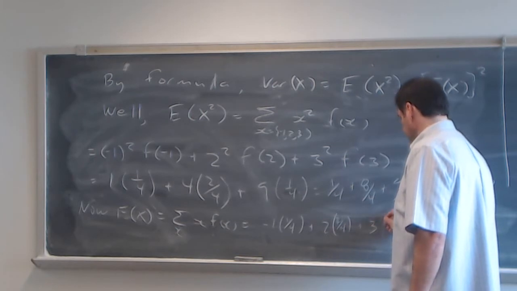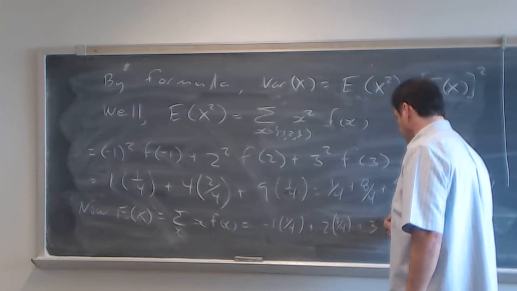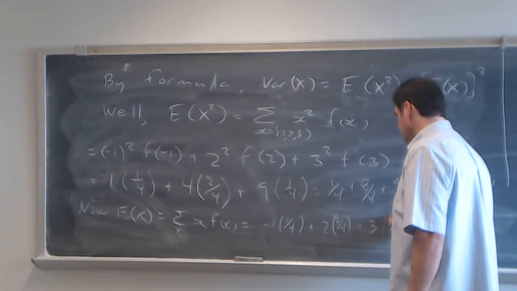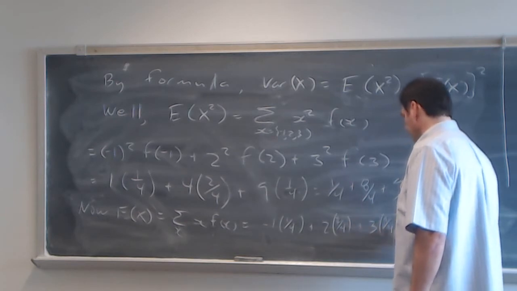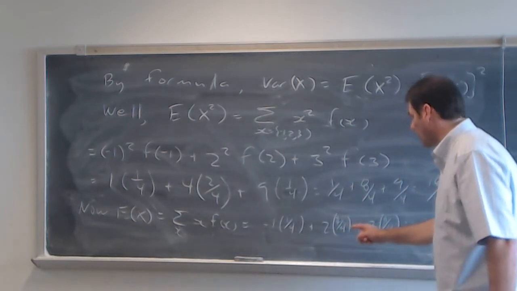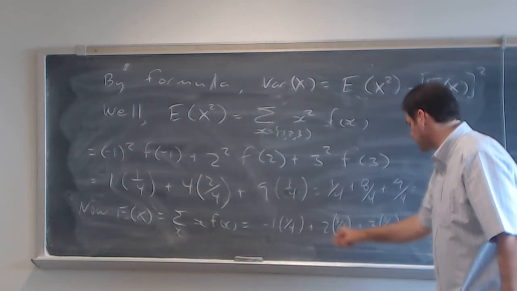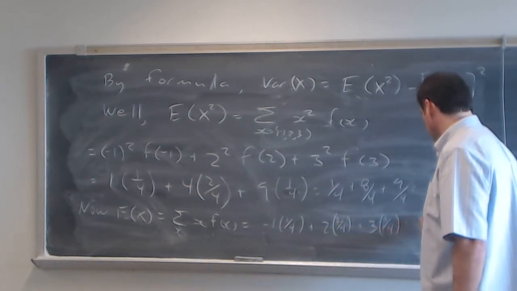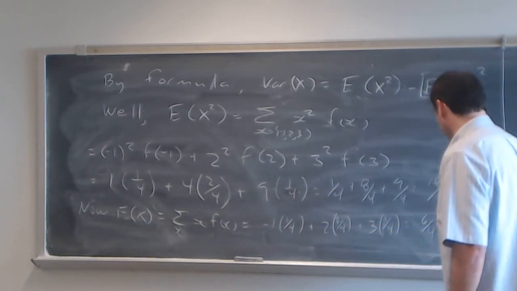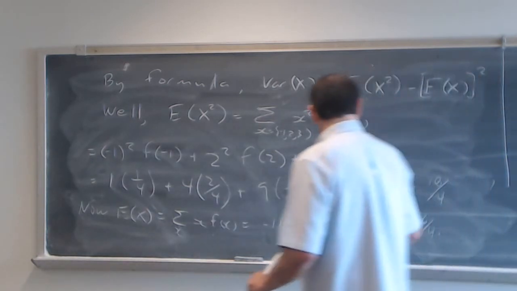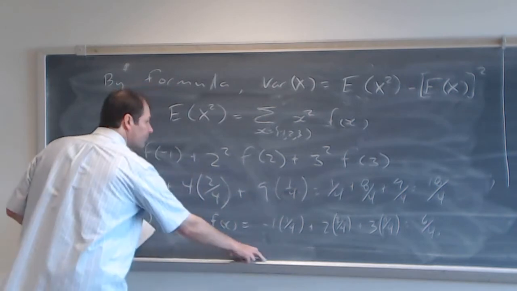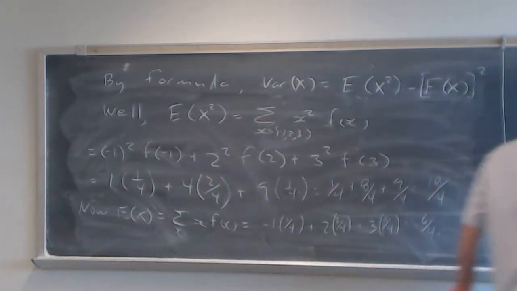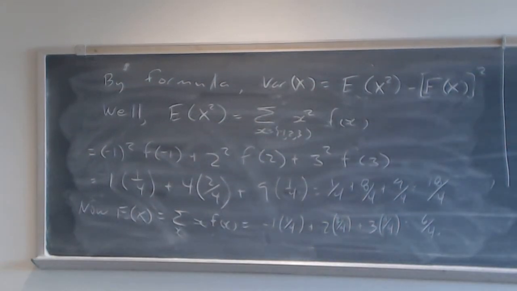F of 3 is 1/4 again. And so we end up getting, here is 4, it's 3 fours, and 6 fours. So we have to square that in our formula.